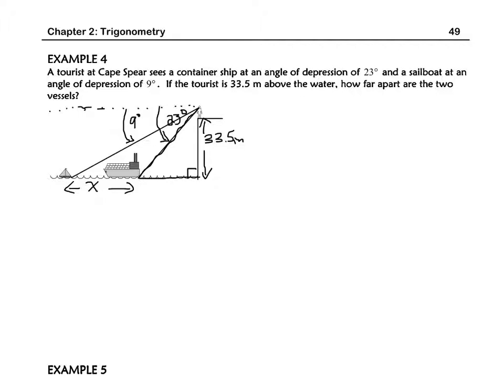And then we have an outside right triangle which goes from here to the sailboat, back to this point here. So if we could find the length of this side here in the big right triangle, we'll call that W, and then subtract this length right here in the smaller right triangle, we will get X, very similar to the last question we just did.